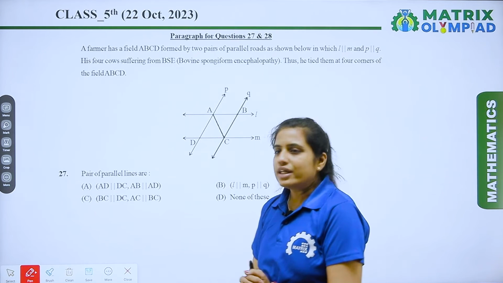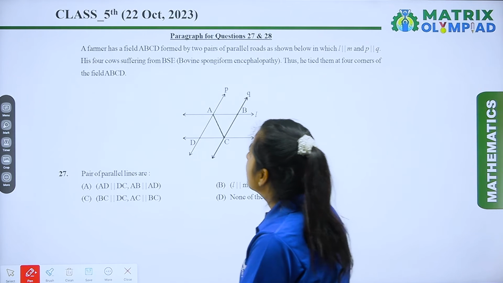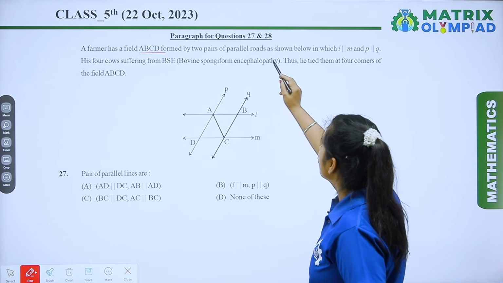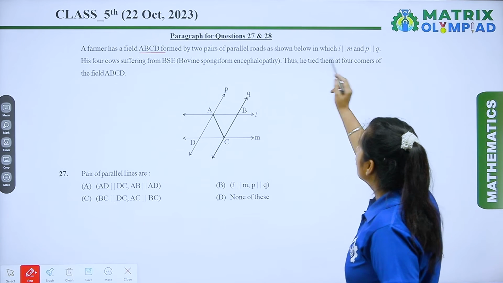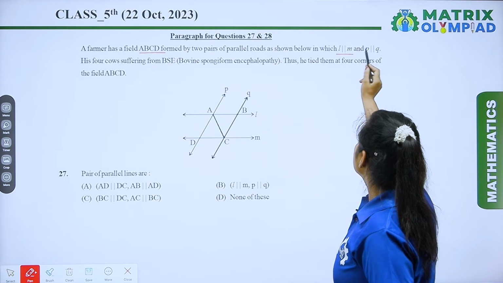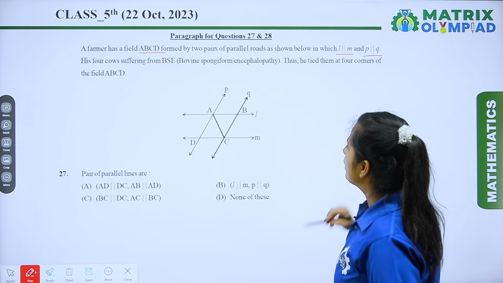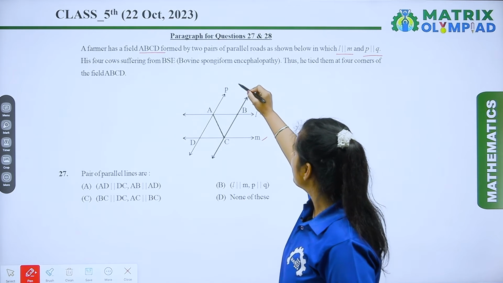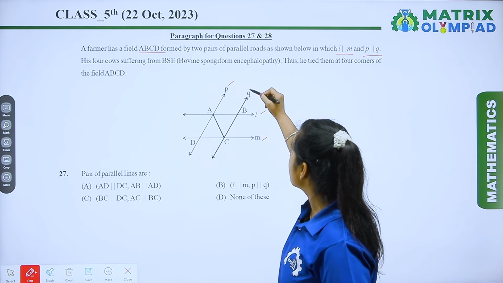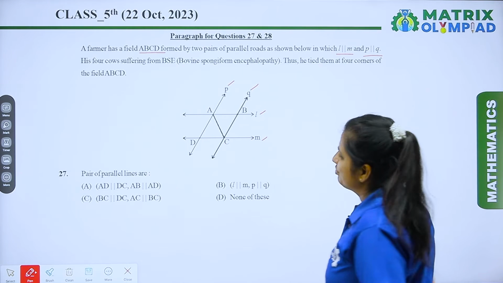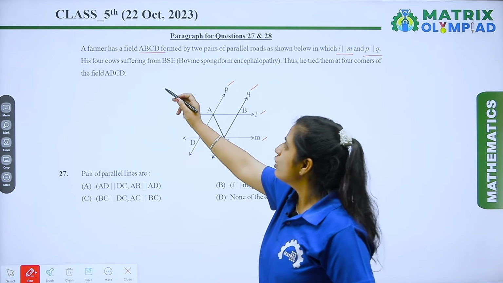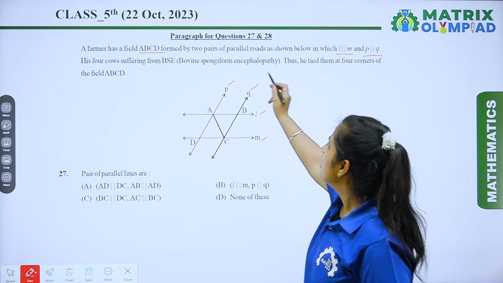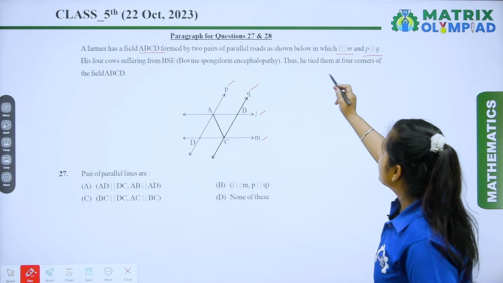Now the next is a paragraph. A farmer has a field ABCD formed by two pairs of parallel roads as shown below, in which L is parallel to M and P is parallel to Q. His four cows were suffering from BSE, bovine spongiform encephalopathy.